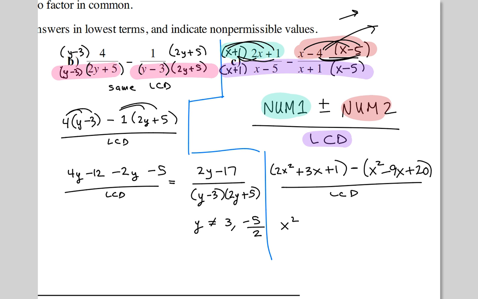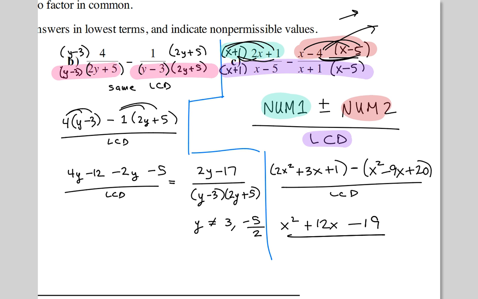Like I would double up that minus in my head. So 3 plus 9 is good. So plus a 12x. And then we have a plus 1. So 1 minus 20, negative 19.